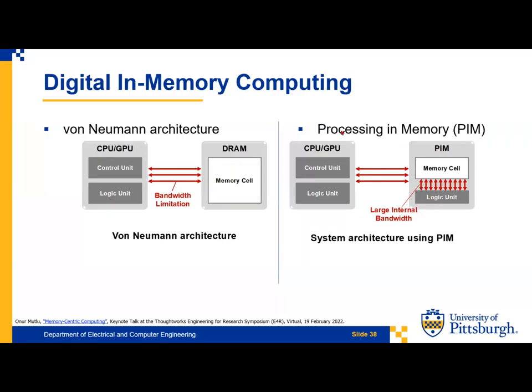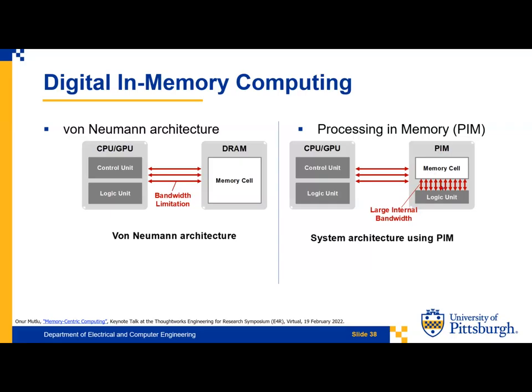Inside the memory, the bandwidth is very large compared to the bandwidth between the CPU and the DRAM. So inside the memory, the bandwidth between the memory cell and the logic units is very large.